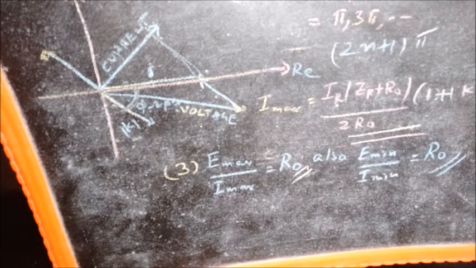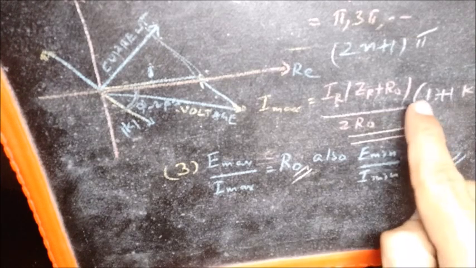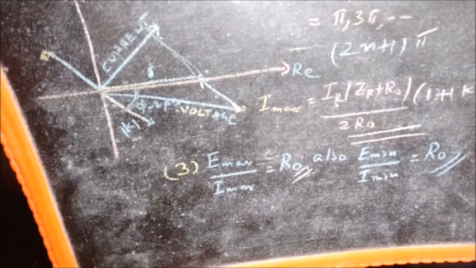E min and I min occur when the incident and reflected waves, be it voltage or current, add up destructively. For them to add up destructively, the incident and reflected waves have to be out of phase at that point where we have E min or I min. And as you can see, E min by I min also gives R naught.